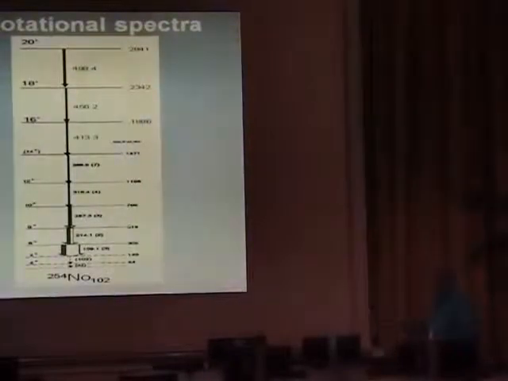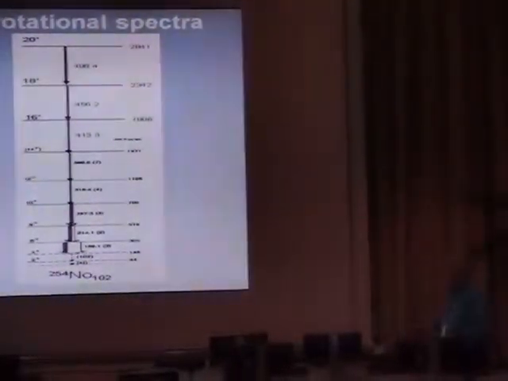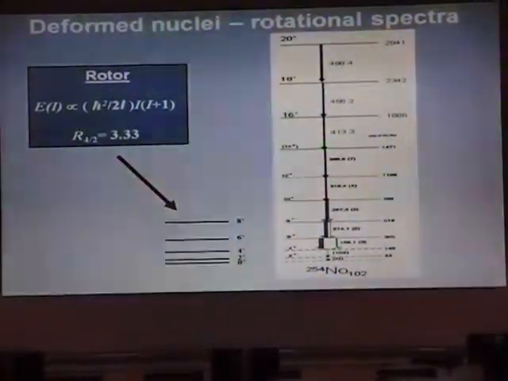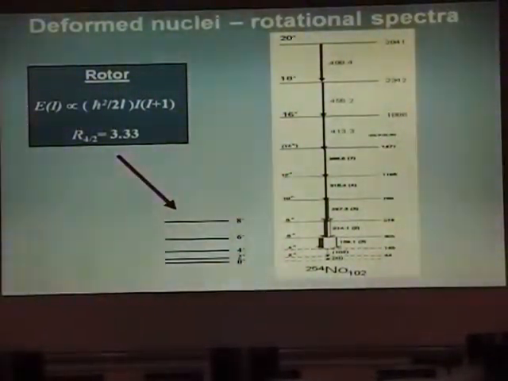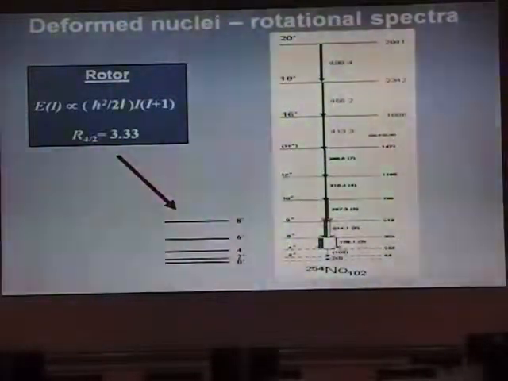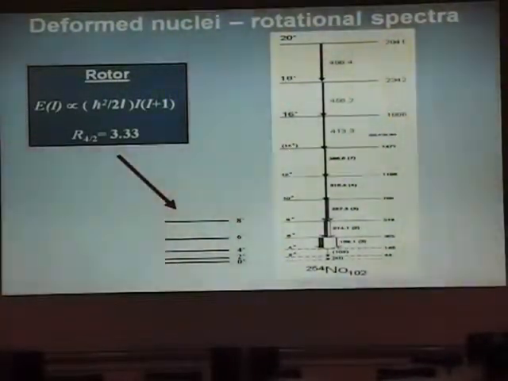Okay, let's look at this formula for a minute. I times I plus 1, or J times J plus 1, is the angular momentum of the state times the angular momentum plus 1. So for the 0 plus state, that's 0 times 1. Can anyone calculate that? What do you get? 0 times 1? Good.